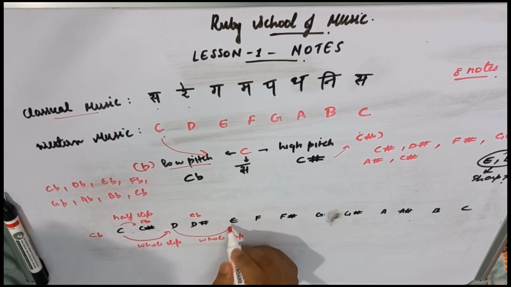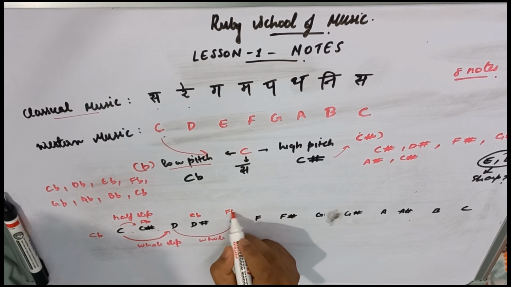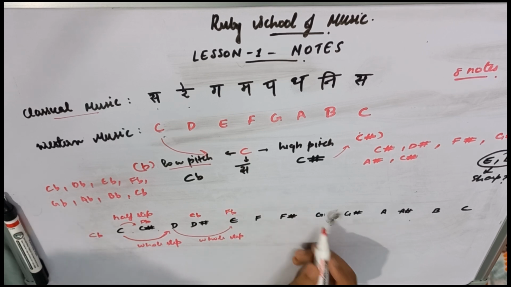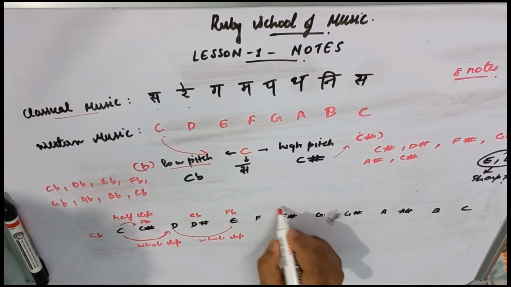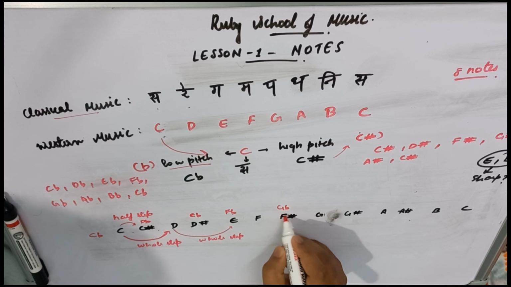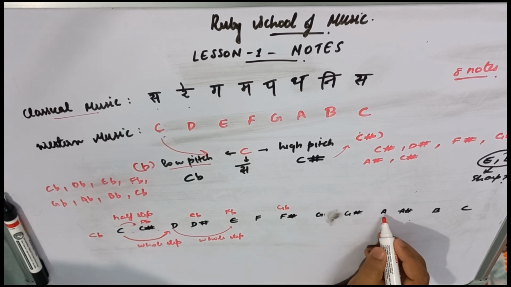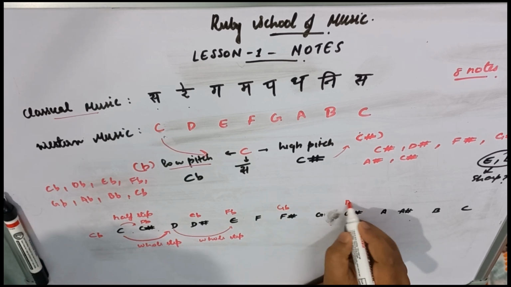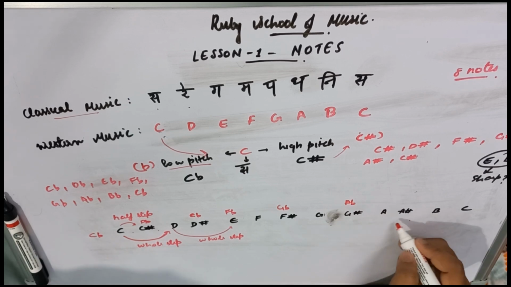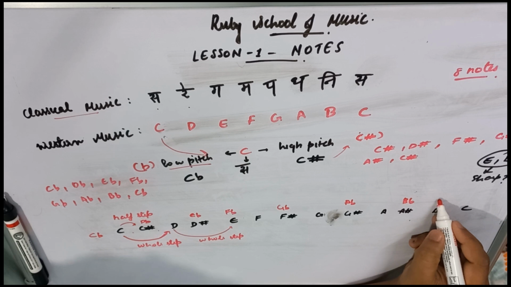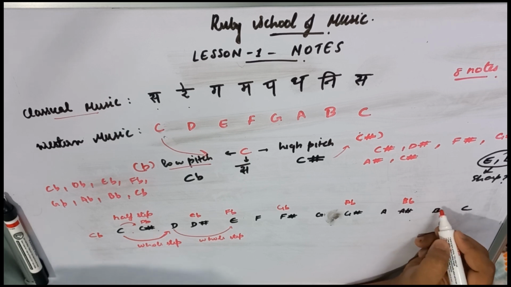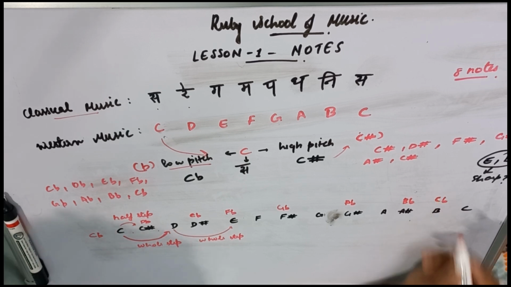F will have the flat note that is equal to E because there is no E sharp, so F flat. And G will have the flat note, G flat. F sharp is equal to G flat. A will have G sharp, so A flat is equal to G sharp. B will have A sharp, B flat, and C will again have B, that is C flat.